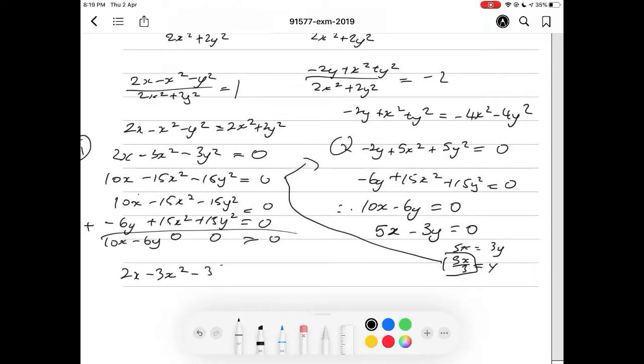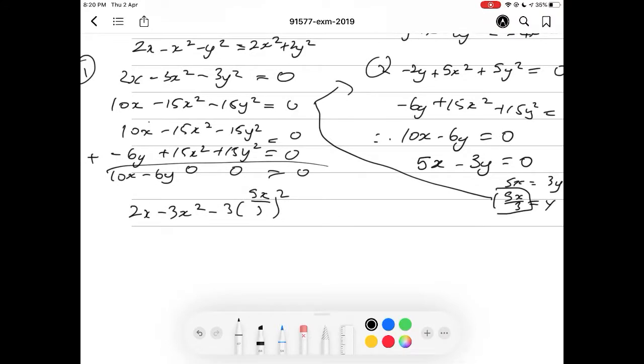So minus 3 times (5x/3) squared. Therefore, 2x − 3x² − 3 times 25x² over 9 equals 0. So 2x − 3x² − 75x²/9 equals 0, and now we can just plug this into our calculator.